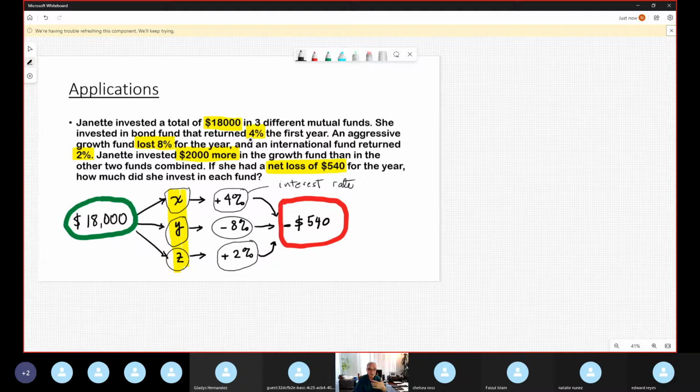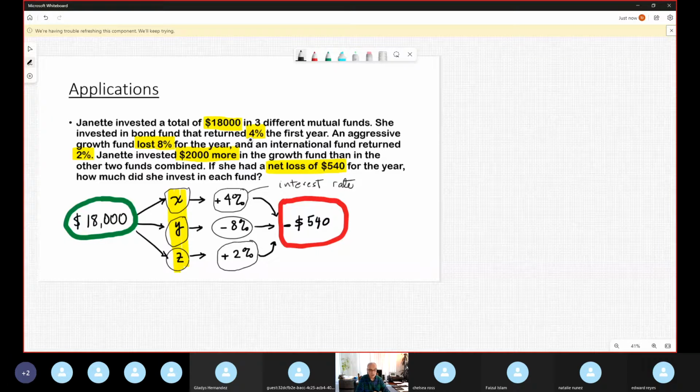However, the problem says that Janet invests 2,000 more in the growth fund than in the other two funds combined. I suppose this sentence gives me the information to set up one equation, but I am not sure.